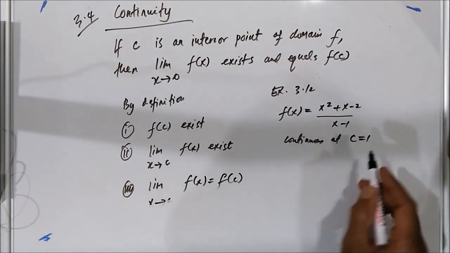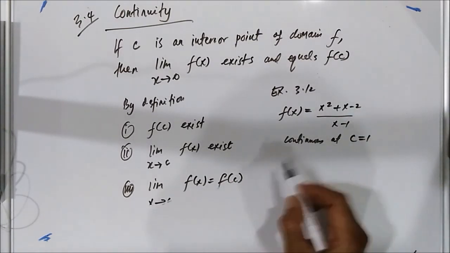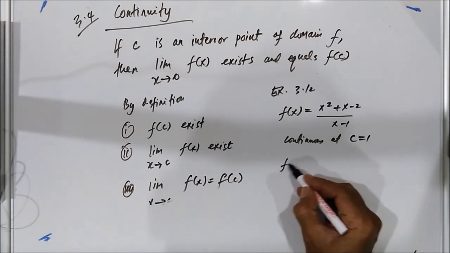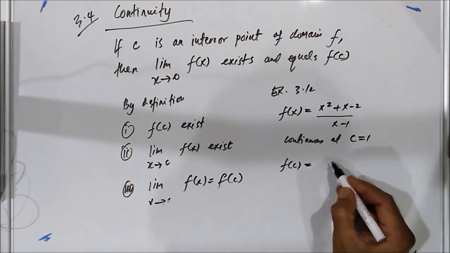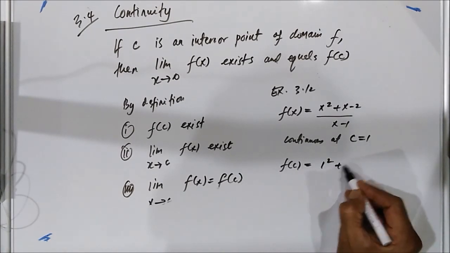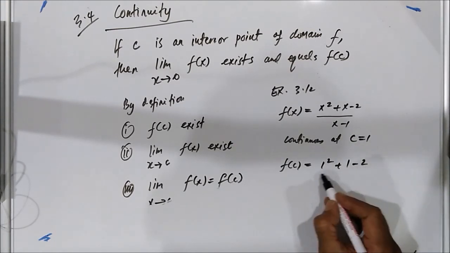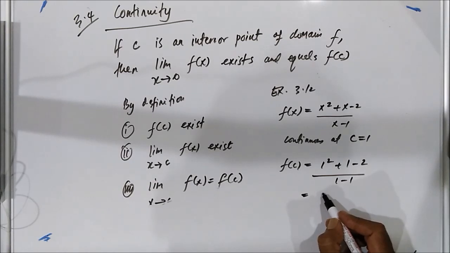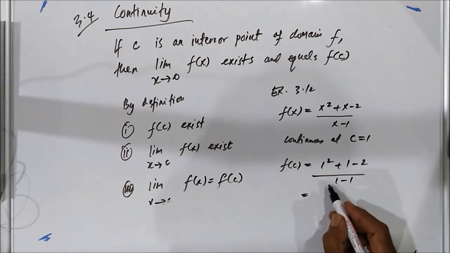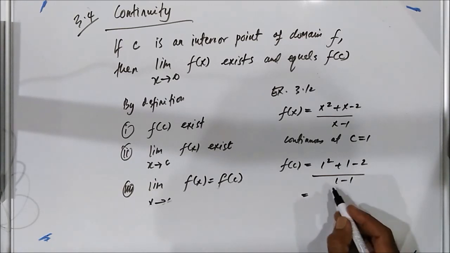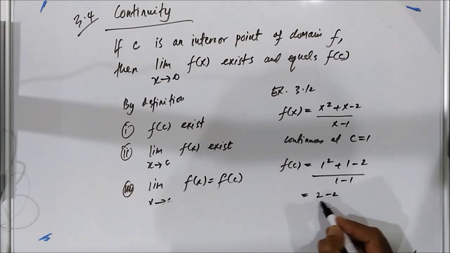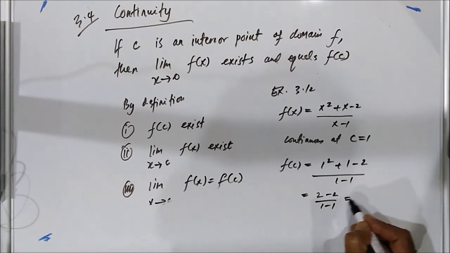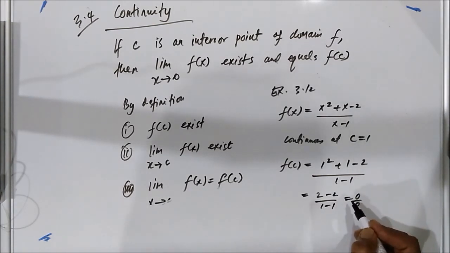So we just plug c equal to 1 into this function. f(c) is 1 squared plus 1 minus 2, which is 2 minus 2, over 1 minus 1, which is 0 over 0.